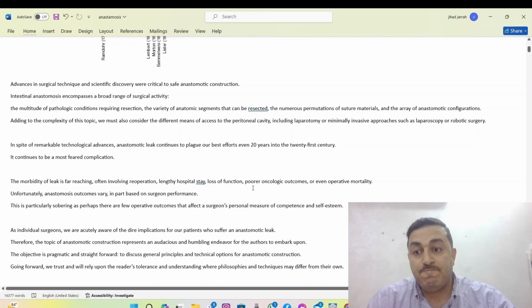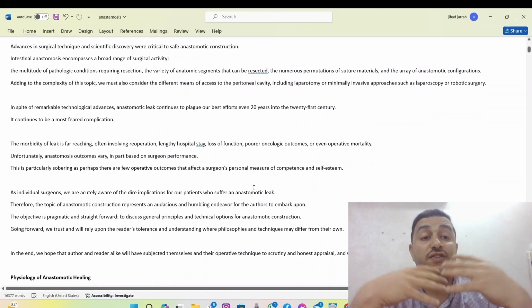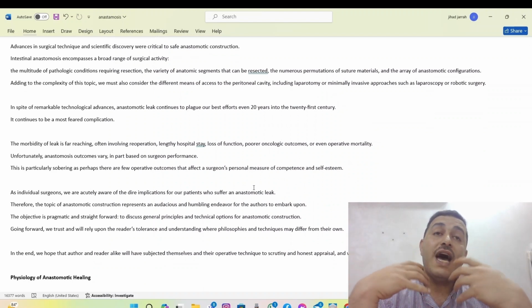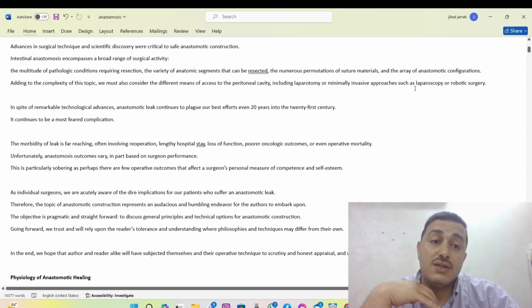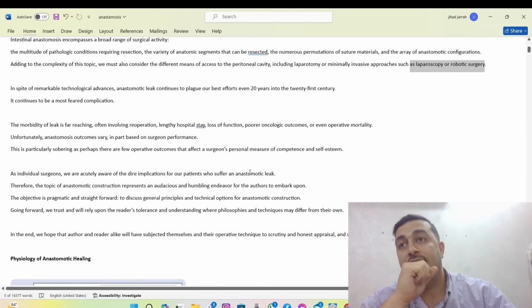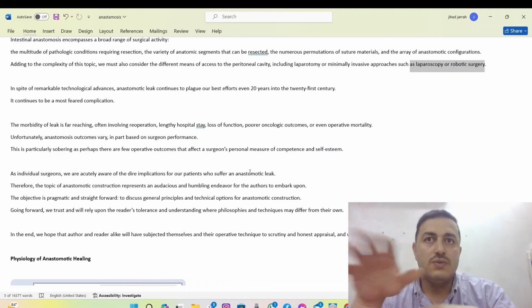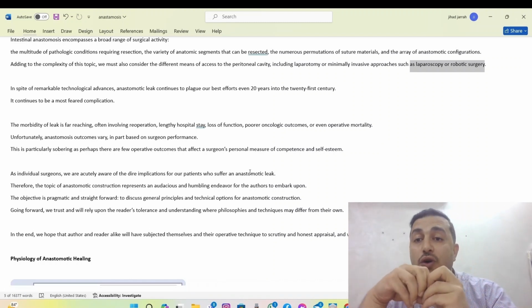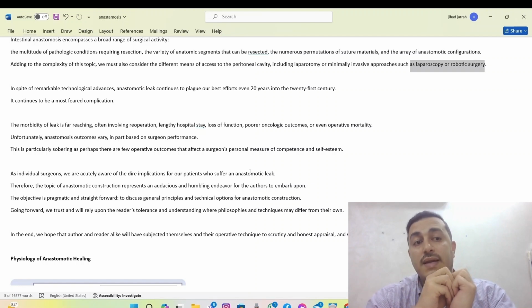Fortunately, there are good results with the development of medicine. We have to deal not only with open surgery but also laparoscopic and robotic surgery. Despite the development of medicine, even in the last 20 years we are still suffering from the most feared complication, leak.